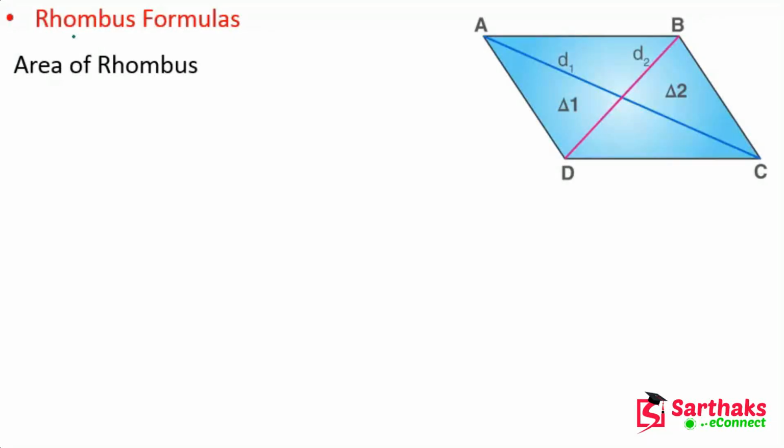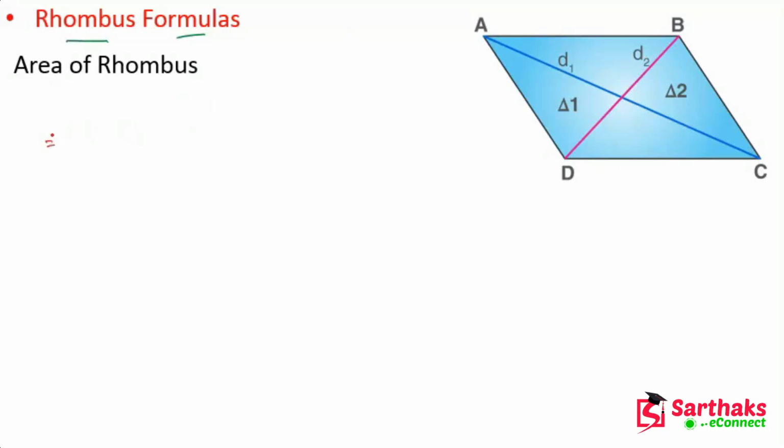Now let's see the rhombus formulas. First of all, we are going to see the area of a rhombus. We know that AC and BD are the diagonals of this rhombus.